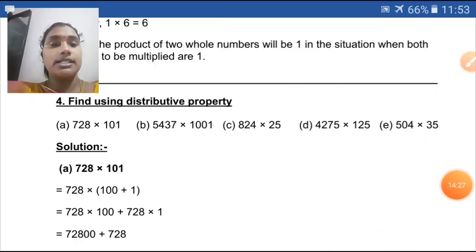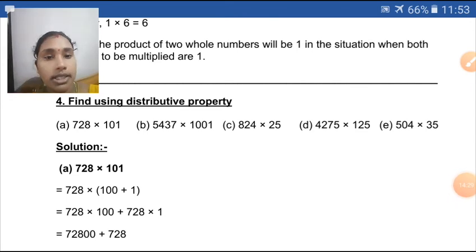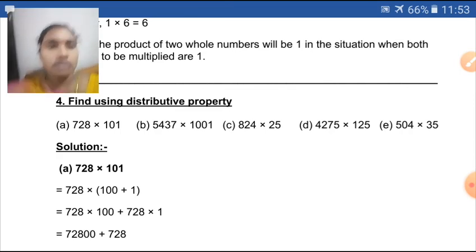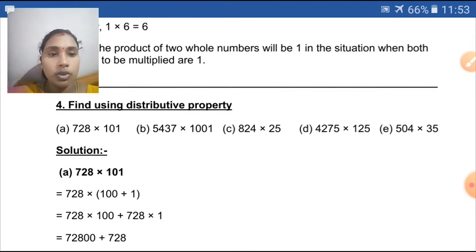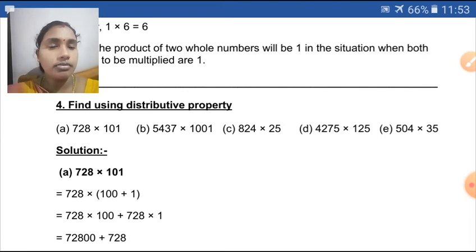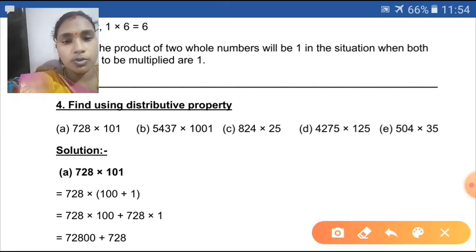Okay. So next sum we are going to use the distributive property. So find out the solutions. I am going to do the first sum alone so that you can do the other sums when you're practicing. So 728 into 101. Split and write 101 as 100 plus 1.